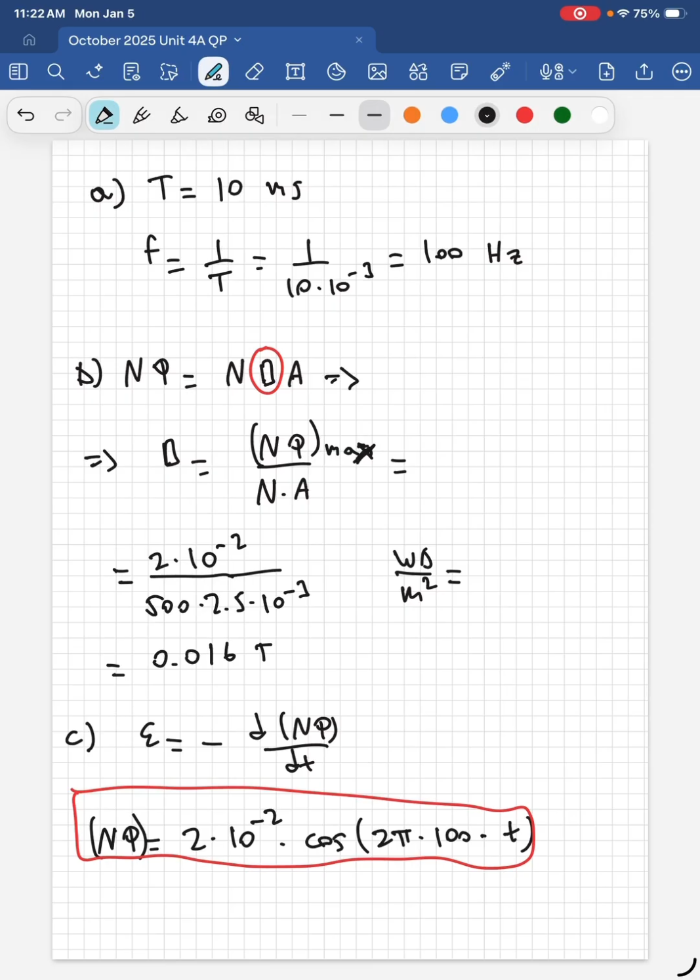Now taking the time derivative of this is really simple. So E is simply, we will get rid of the negative sign, we don't need it, 2 times 10 to the minus 2 times 2 pi times 100 times sine of 2 pi times 100 times t.